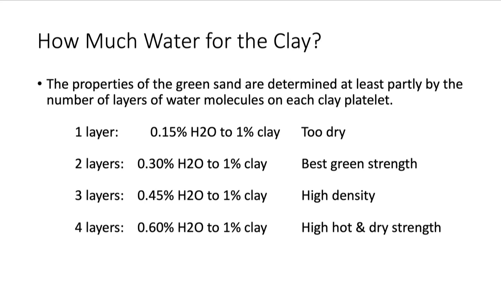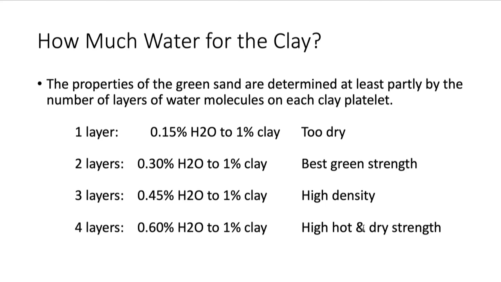As you go above that, you get a higher density because there's extra water. If you go to even more layers of water, you get really good hot and dry strength. So if we go really high on our moisture percentage and then we dry it out, we can make a really strong dry sand.